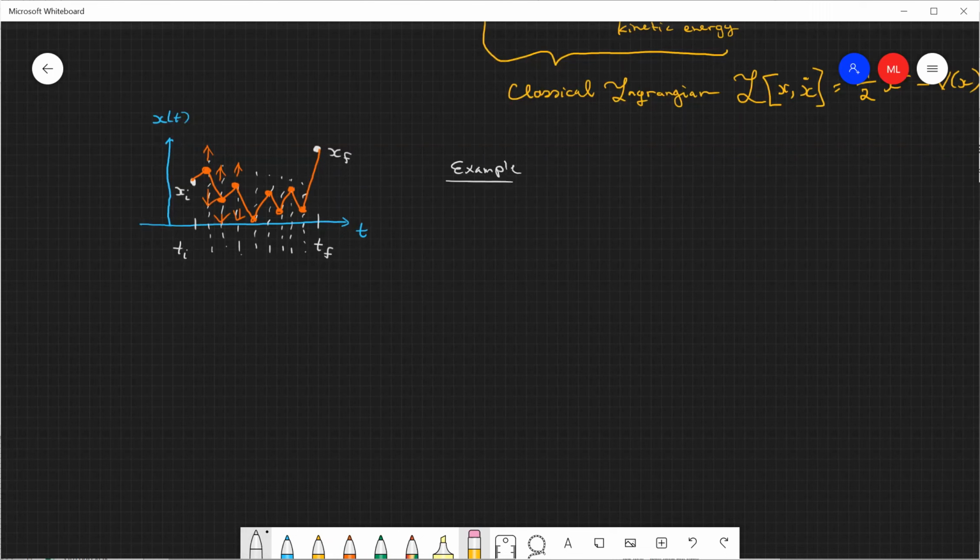Of course, the easiest example that you could think of is just where the classical Lagrangian is just 1/2 m x dot squared, just a free particle. Now, if we fix the initial and final positions, which we do for the purposes of calculating the propagator, we know that the classical path is what?